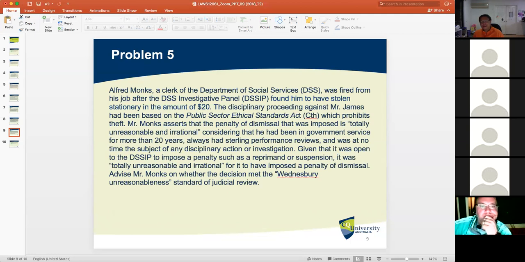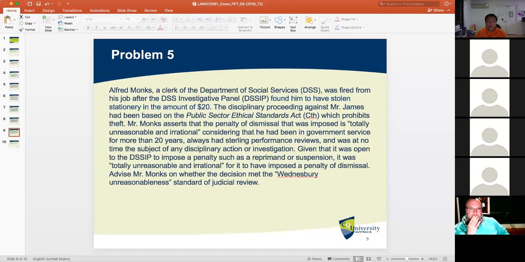Okay. Let's try to make it even clearer. Let's look at the decision making even clearer. Let's assume that the amount of stationery stolen was only $1 instead of $20. And the decision was dismissal. It was open, of course. The law is clear. It's open to the DWSIP to suspend somebody, reprimand, or even impose the penalty of dismissal.